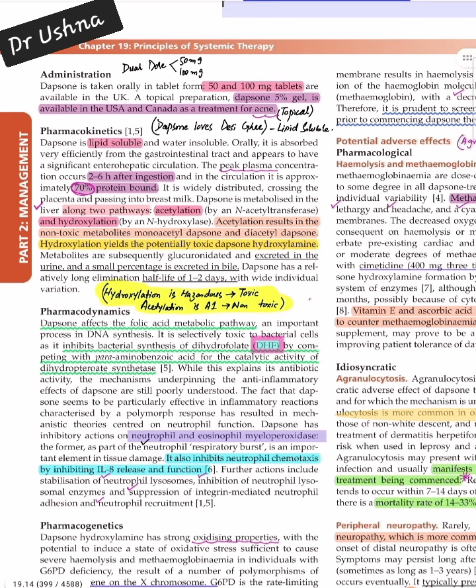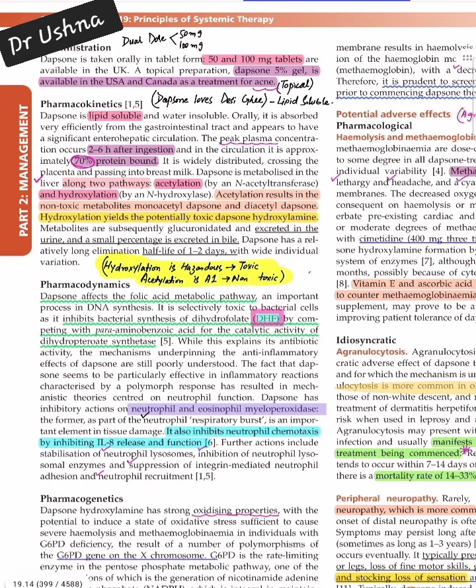Whenever you take dapsone by mouth, it is readily absorbed from the GIT, and the peak concentration reaches in about 2 to 6 hours. In dapsone, just focus that there are too many D's. There is a dual dose, 50 and 100 milligram, diamino diphenyl sulfone is its name, and its metabolic pathway is also dual. When it reaches the liver, it follows the pathway of acetylation or hydroxylation.